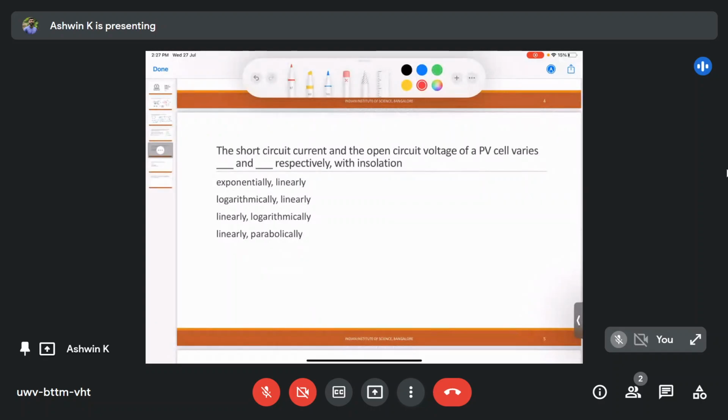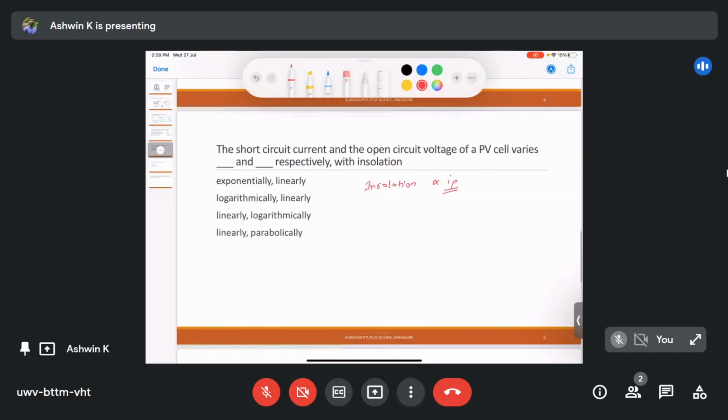So the question says the short circuit current and the open circuit voltage of a PV cell vary dash and dash respectively with insulation. In the previous question, Ashwin mentioned that insulation is proportional to the photocurrent. The photocurrent parameter in our PV cell diode model tells us about the insulation falling on the PV cell.